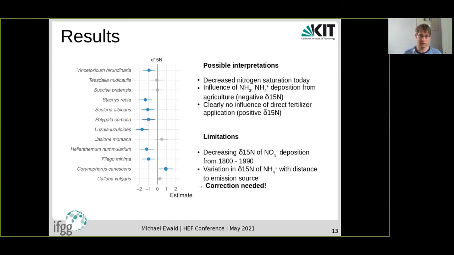So somehow these values need to be corrected, but we are not at the point that we can present good corrected values. And if somebody has experience with modeling delta 15N values in nitrogen depositions, then I would be happy if you could contact me.